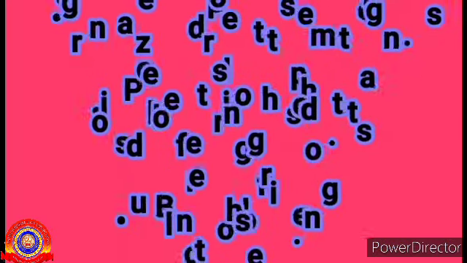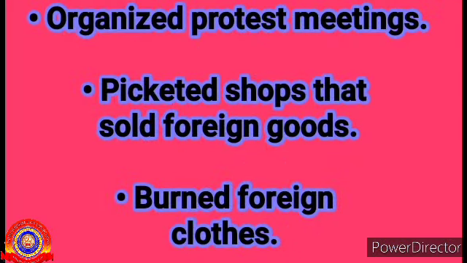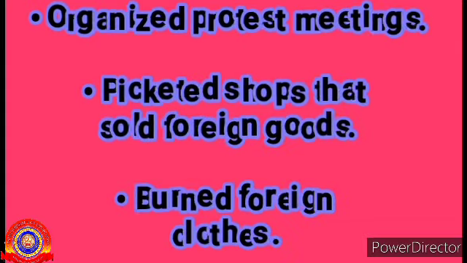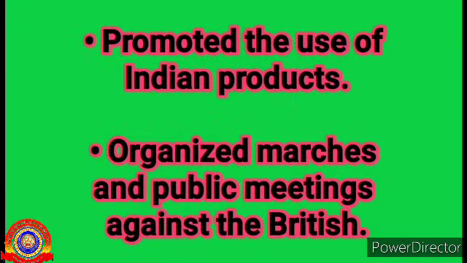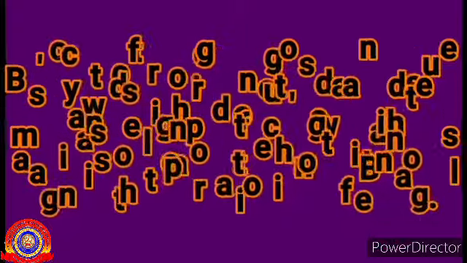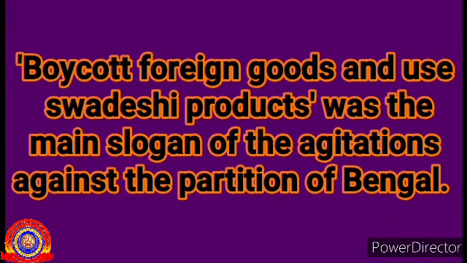They organized protest meetings, picketed shops that sold foreign goods, burned foreign clothes, promoted the use of Indian products, and organized marches and public meetings against the British. Boycott foreign goods and use Swadeshi products was the main slogan of the agitations against the partition of Bengal.